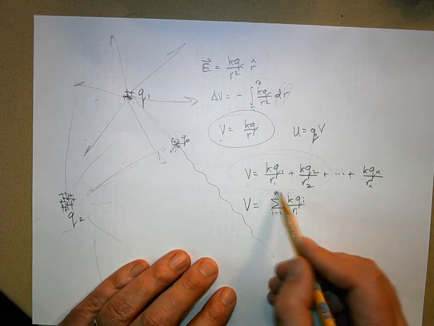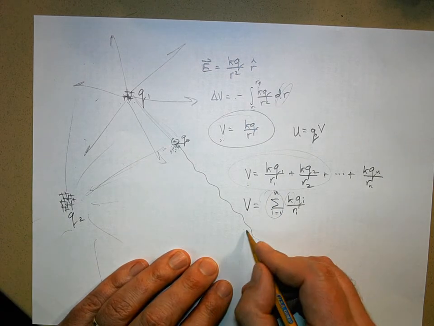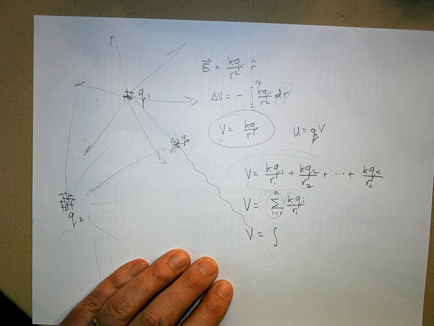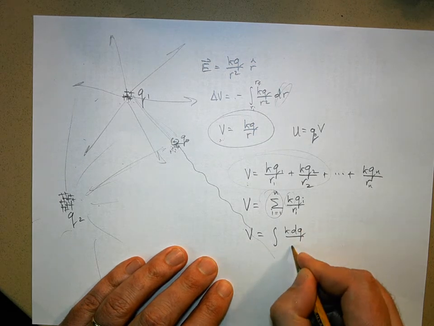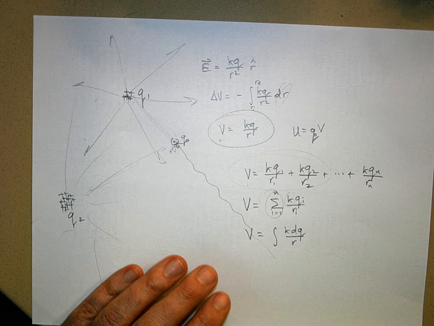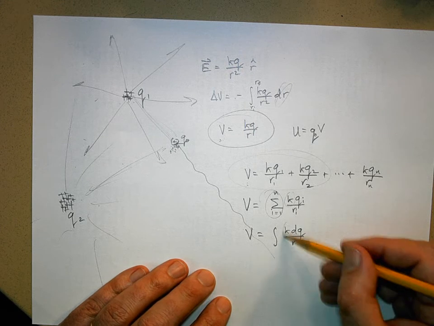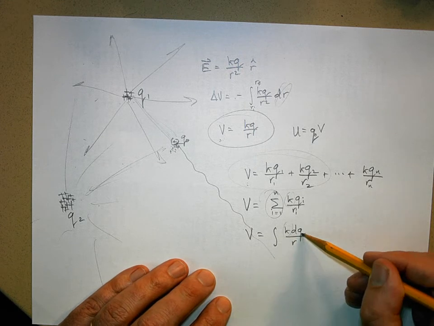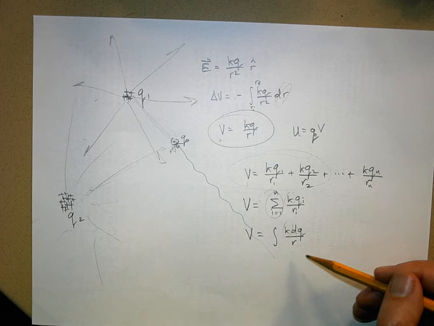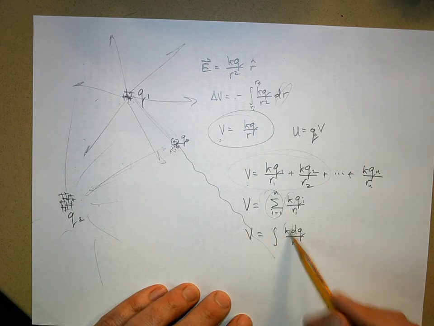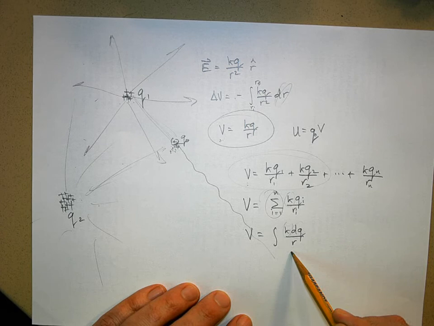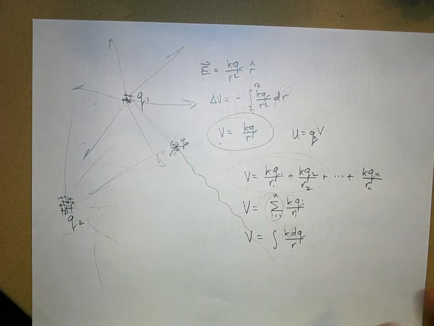The summation sign becomes an integral sign, and you go K dq over R. And of course, the K comes out of the integral. dq has to be put in terms of R or some distance, like sometimes we use x or something like that.